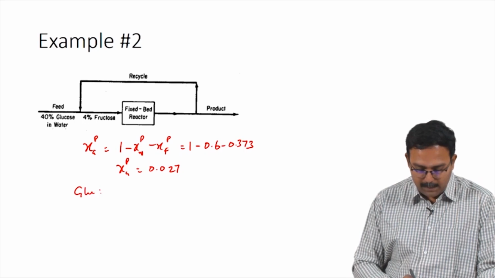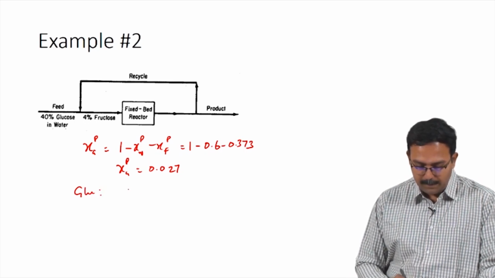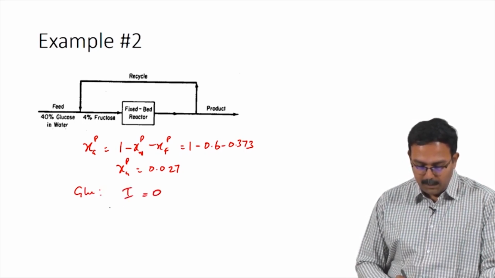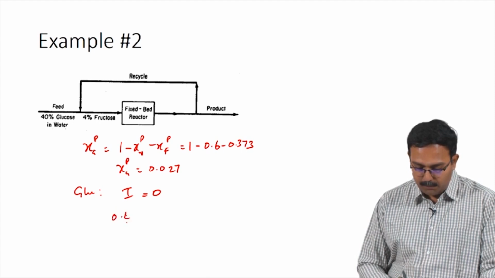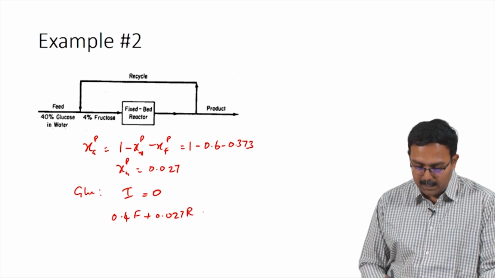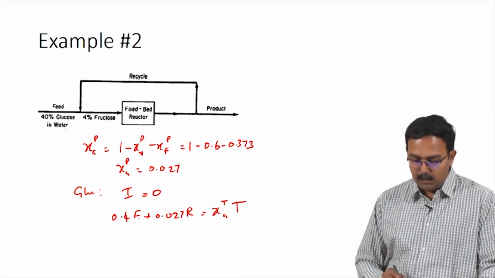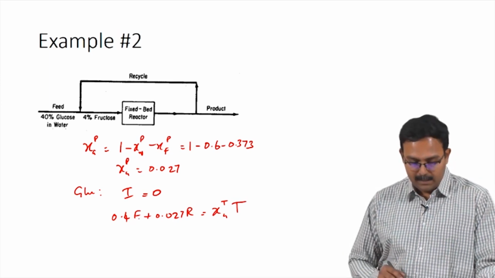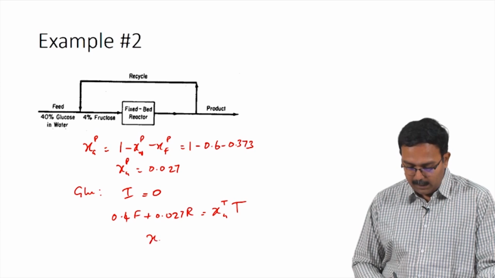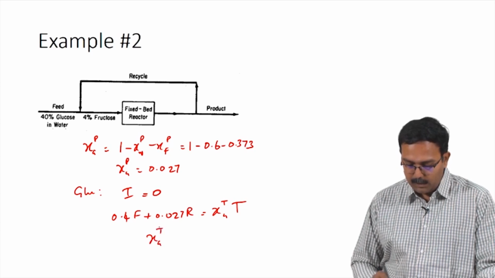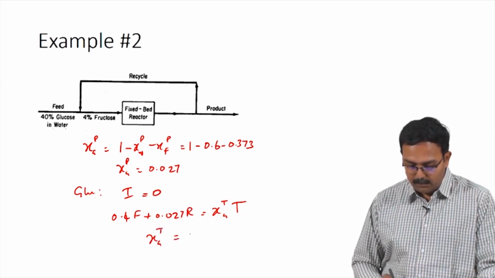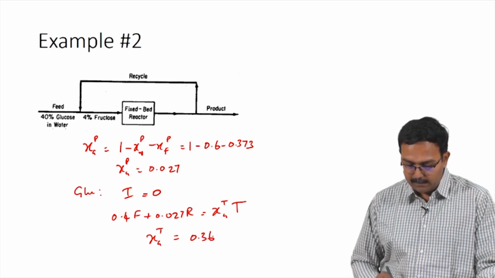Now that we know the mass fraction of glucose in the recycle stream and in the fresh feed, we can write a glucose balance for the mixing point. Input equals output, and input is 0.4 times F plus 0.027 times R equals XGT times T. We know the values for F, R and T. Substituting those values, we can calculate the mass fraction of glucose in the gross feed as 0.36.